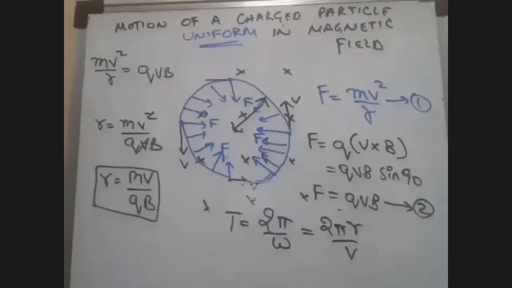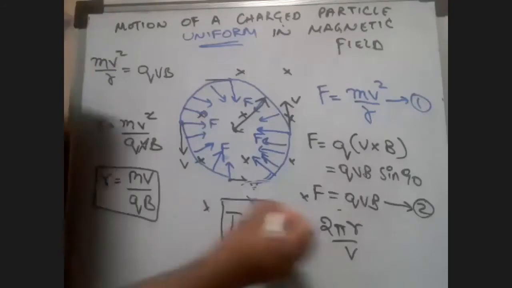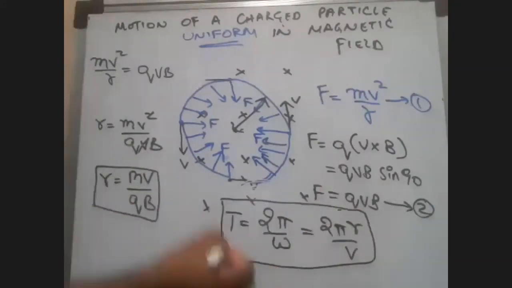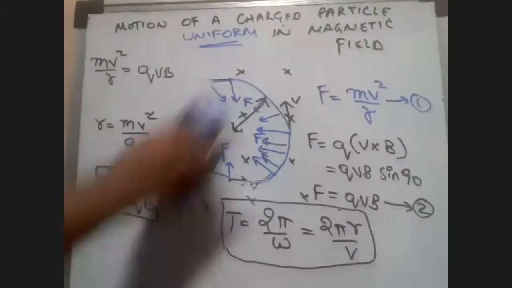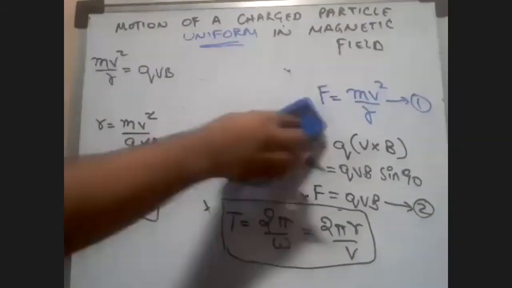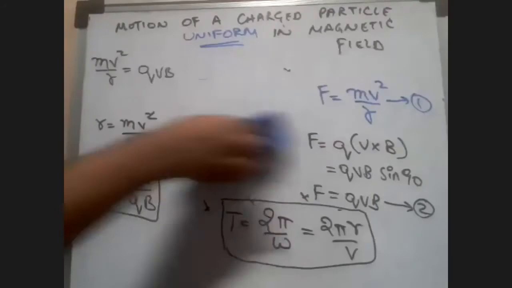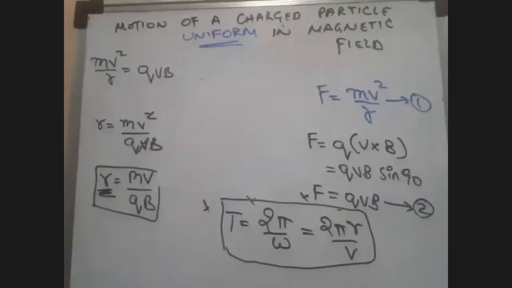Now, you found out the time period in a general situation. But in this case, we know what R is. So substitute the value of R in this format. What will the time period be? Students, tell me, quick.